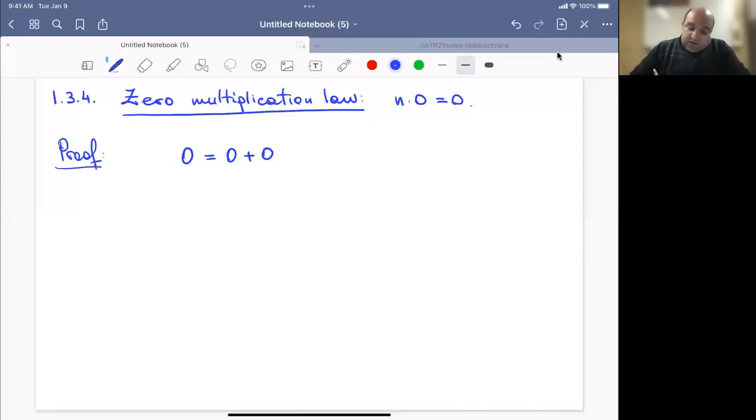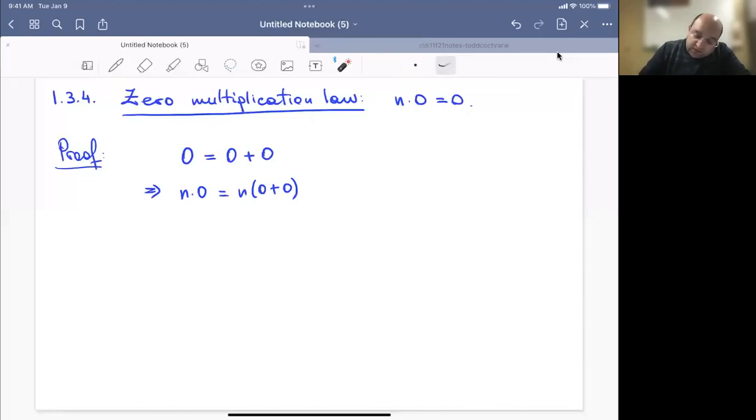In fact, this is going to be part of your homework, so I will include explanations for some of the steps, but not all of them, okay? So n times 0 is equal to n times 0 plus 0. What is the property that I'm using?